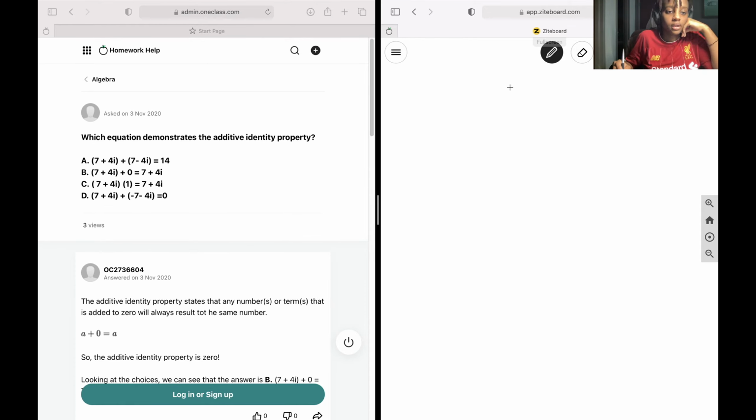Okay, we want to know what equation demonstrates the additive identity property. And so we need to know what that is, of course, and it simply states that a plus 0 is equal to a, and this equation can of course be written in two forms, which is a minus a is equal to 0.